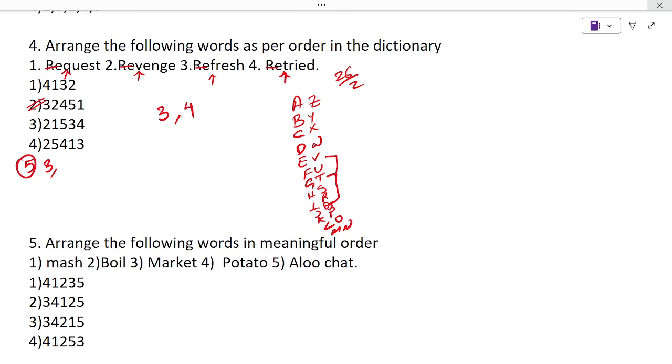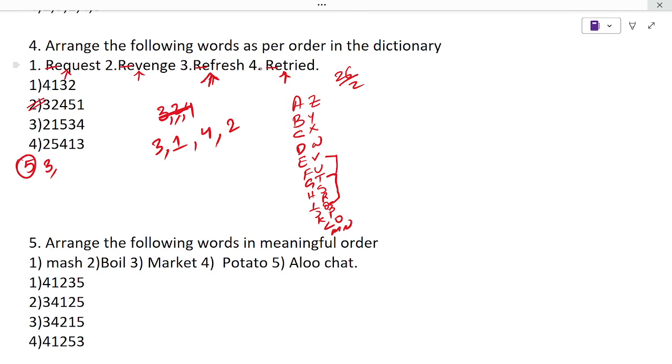D, oh sorry, not option 2 first. 3, 2, 4 and no. 3. Okay. Next is Q, that's 1. And then the next one is D. That means 4. And then only option 2 remains.